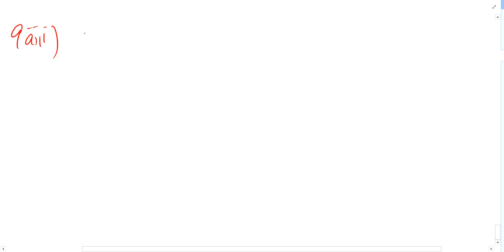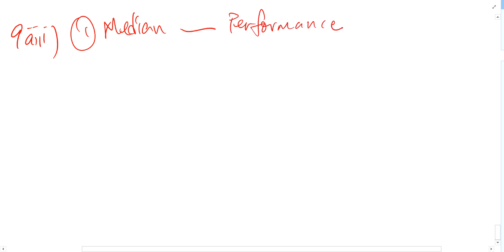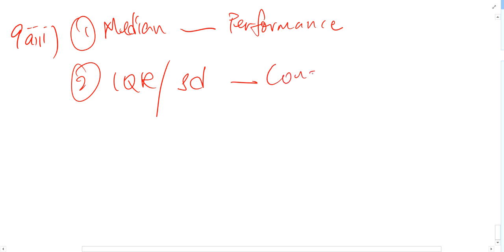Whenever the question asks you to make 2 comments or make 2 statements, whatever, there will always be 2. What do they want you to compare? The median and the range. Median tells us the performance. Next one will be your IQR or your standard deviation. This tells us consistency.